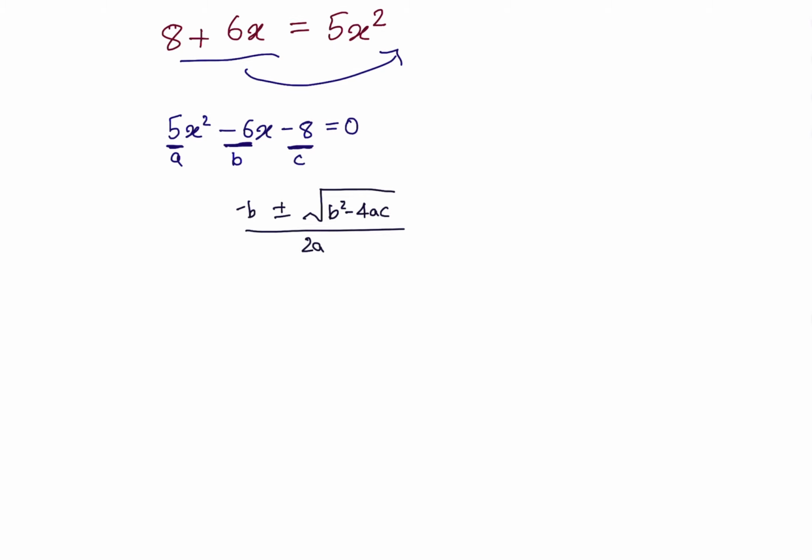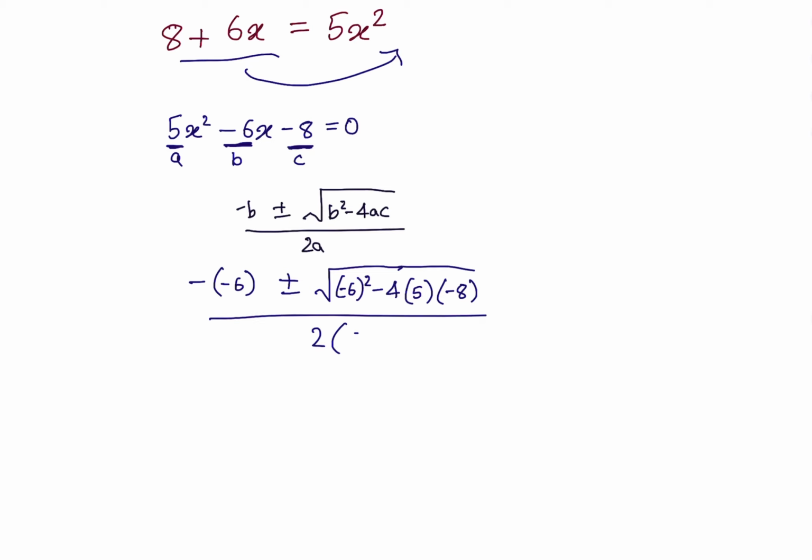So let's go in and plug in our values of A, B, and C. Wow, that is a workout. So minus -6 plus minus the square root of -6 squared minus 4 times 5 times -8, divided by 2 times 5.